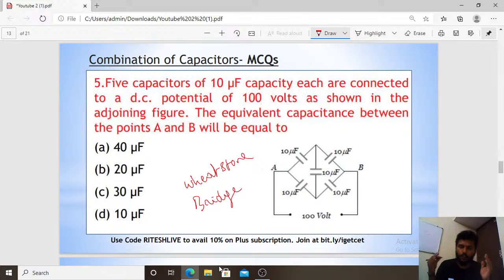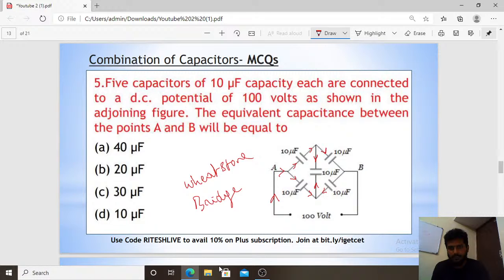When the path of current is opposite to each other, then in that line the current I will be zero. Current passes in this direction and then diverts in two paths. Again here it diverts in these two positions, and similarly here also.